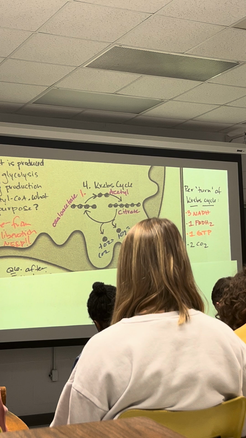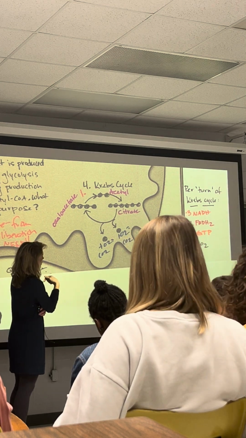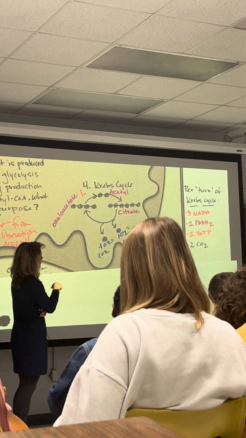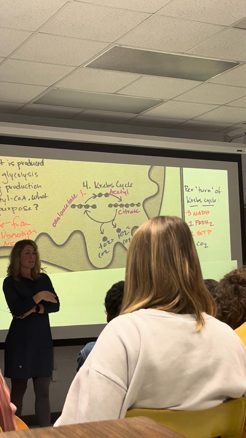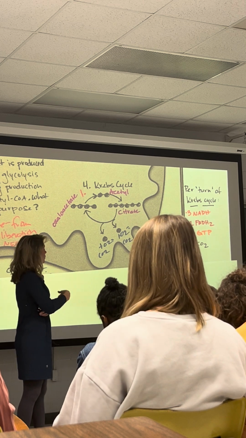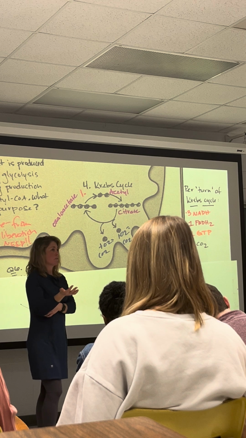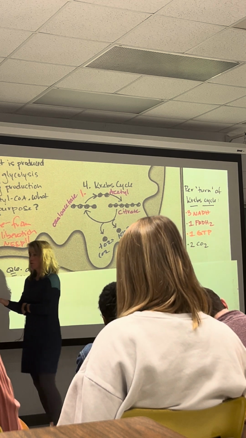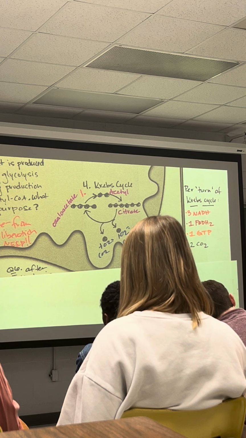Remember, this is per turn, which means per acetyl-CoA molecule that starts. That's a lot of stuff. Krebs cycle is hugely, hugely important for fueling our last reaction of aerobic respiration. If it wasn't for Krebs, we'd have a really hard time making the next part work.